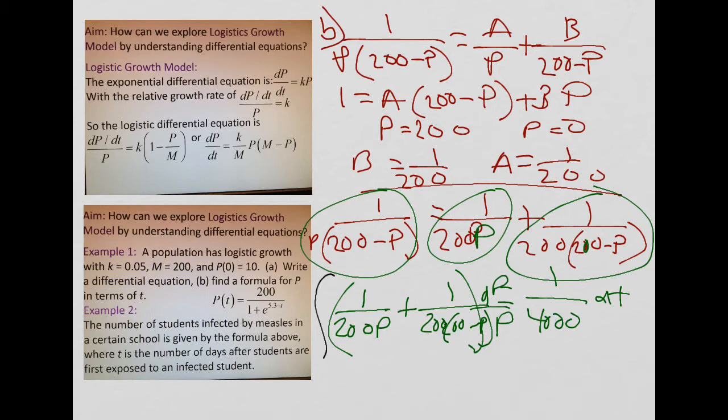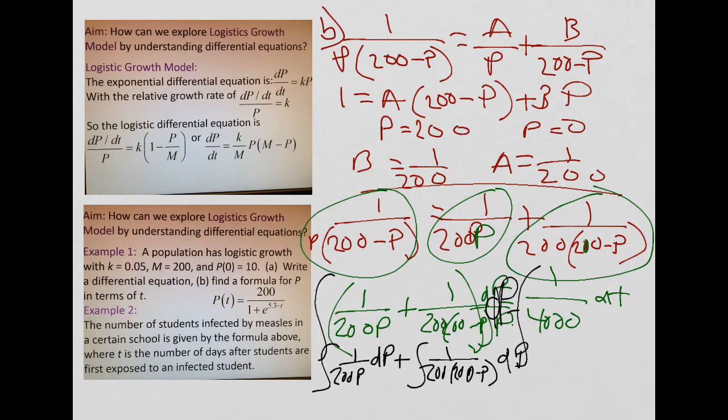So we're going to integrate both sides of our equation. This has a dp here, right on top of the equals. That means I'm going to integrate our first fraction with respect to p, and I'm going to integrate my second fraction here. Oh my goodness, these 200s are killing me. Well, not literally. They're just bothering me because it's becoming so sloppy.